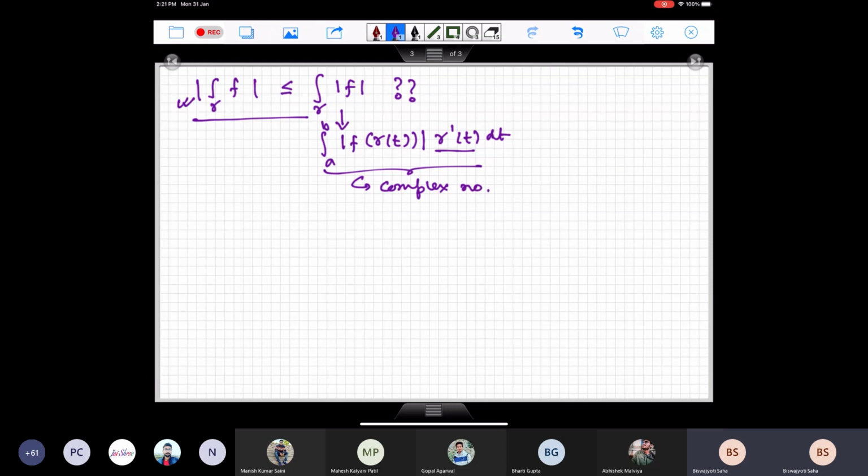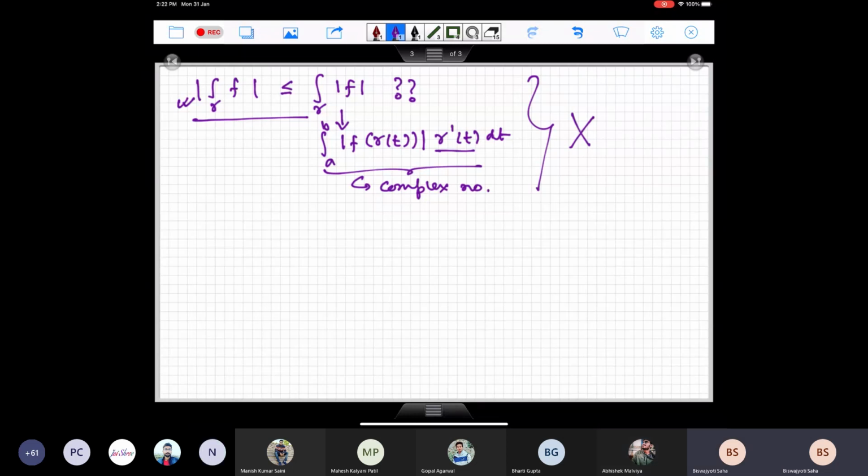So that is the reason why writing this whole thing is not quite correct. Is it clear to all of you? I can't write this. Do you agree to this? Yes, sir. Okay, so that's great. So we agreed to this.